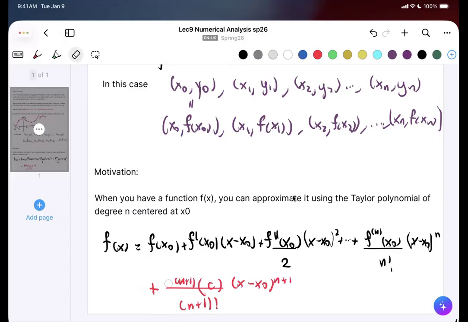Okay. So this is one of the many versions in which you can write the leftover error term. This is not the only way by any means. The idea is that c here is a number between x and x0. So here c is some number.